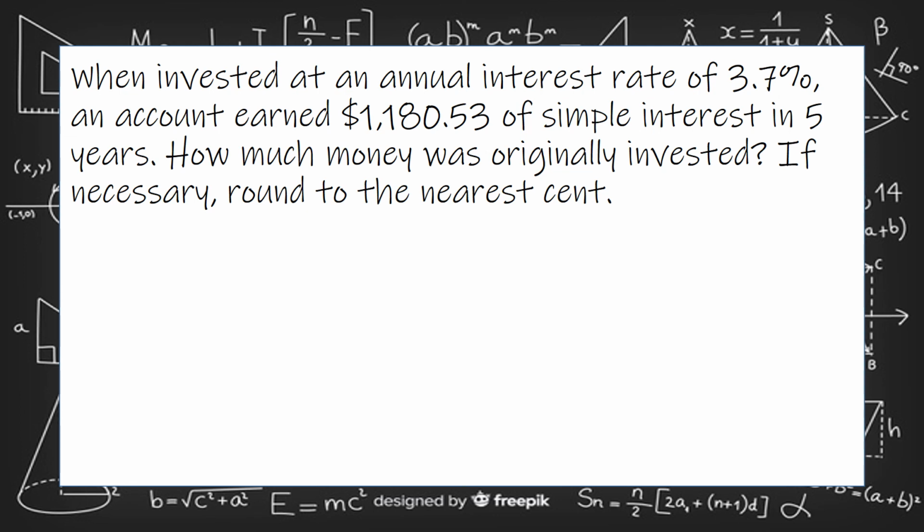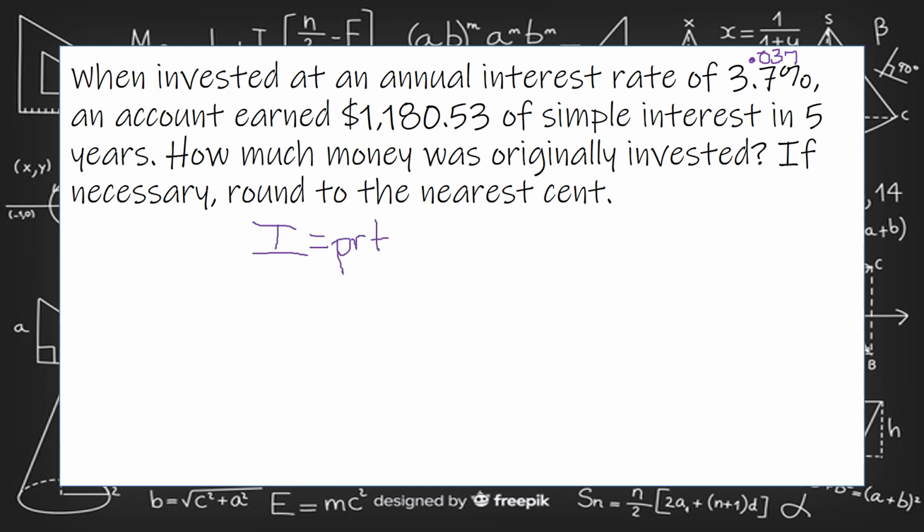When invested at an annual interest rate of 3.7%, I'm going to go ahead and change that to a decimal, and an account earned $1,180.53 of simple interest in 5 years. How much money was originally invested? Okay, so I equals PRT.